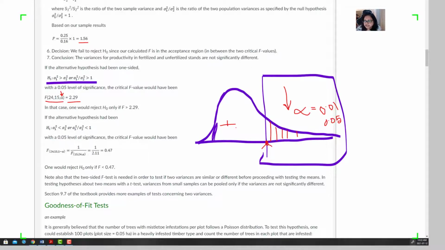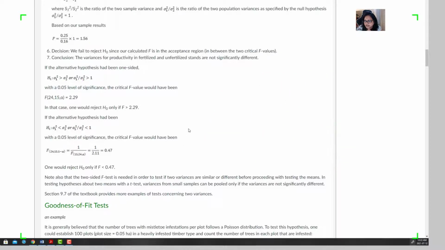So if it is in the other region, let's clear the drawing. If we are looking at the opposite area, that means the critical region is here, and we have to find the critical value for here. All you need to do is find the critical value as I showed you before, using the level of significance.